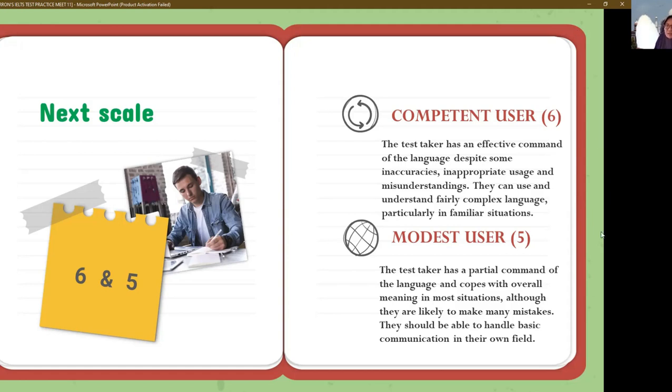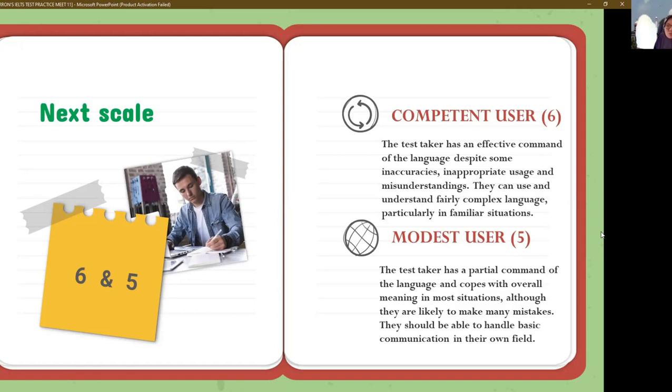Okay, and how about the last band, band 5? The test taker here is called a modest user. The test taker has a partial command of the language and copes with overall meaning in most situations.